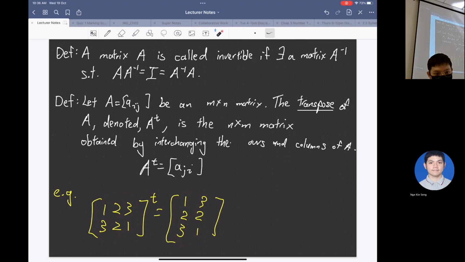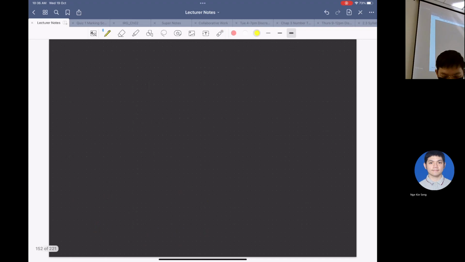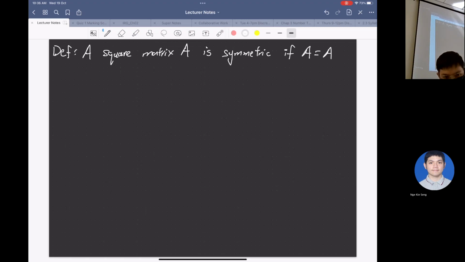This transpose has some nice property when the matrix is square. We call a square matrix symmetric over the diagonal if A equals A transpose. For example, what matrix is symmetric?